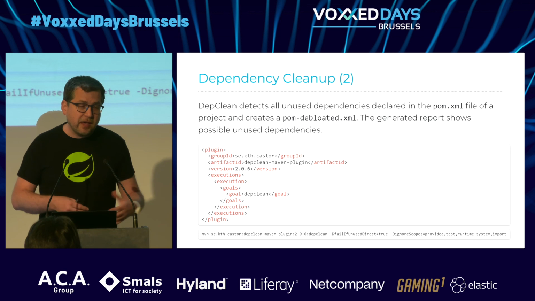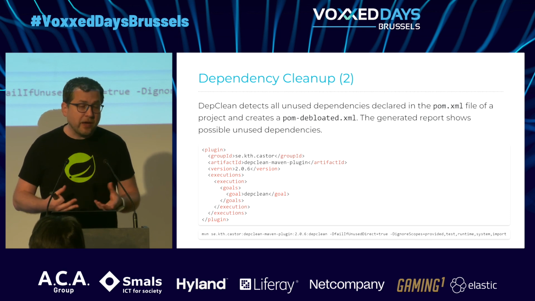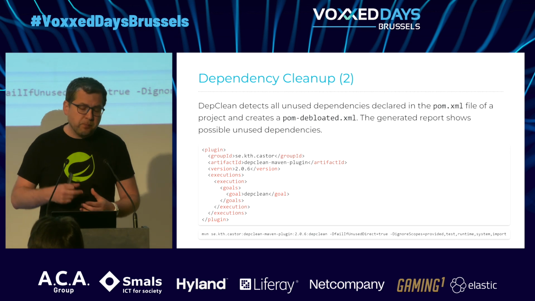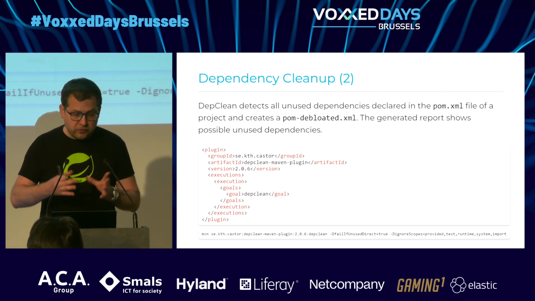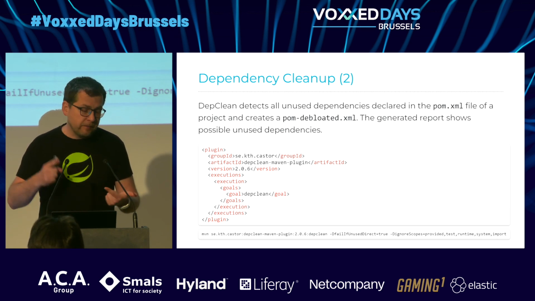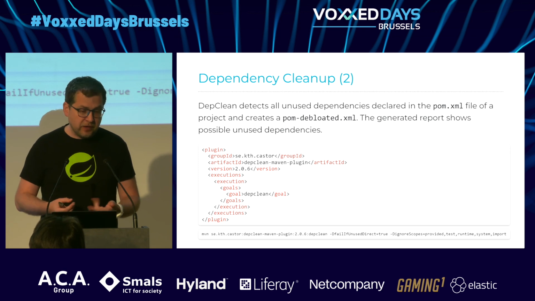And that's why I came across a project which is called the DepClean Maven plugin. The DepClean project is from a Swedish university. They built that tool with some companies from the industry, and it checks the bytecode. It checks reflection, so strings in your bytecode basically, and other things.